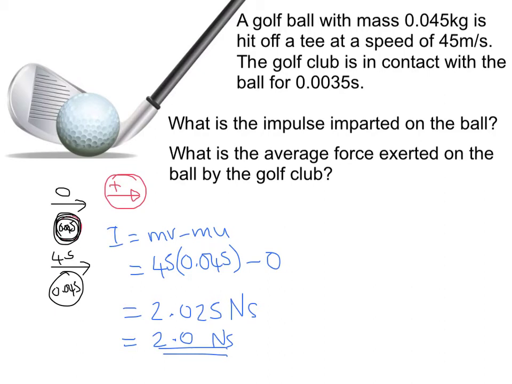Okay, what is the force exerted on the ball by the golf club? So we're the ball still, and the impulse is going to be equal to the force times the amount of time it's exerted. And we know that the impulse for the ball, so that's going from left to right, is going to be 2.025 Newton seconds, not using a rounded version here, and not in subsequent calculations.